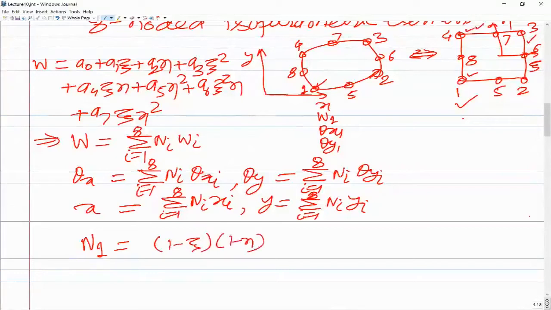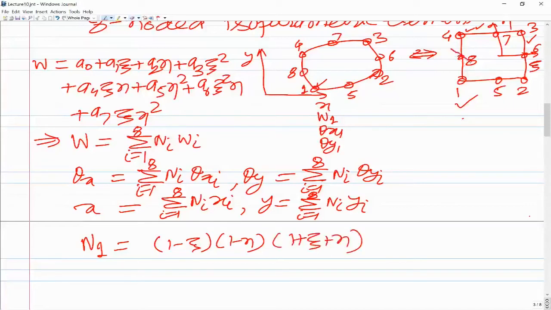And then it has to be 0 along this line 8 and 5. So I take a line along 8 and 5. So that equation of line is xi plus eta equal to minus 1, or 1 plus xi plus eta. So the equation of this line going from 5 to 8 or 8 to 5.